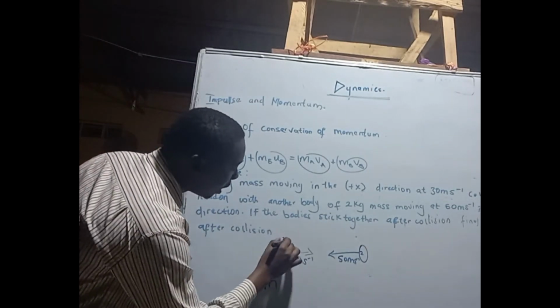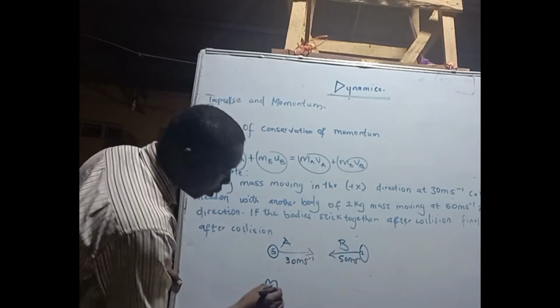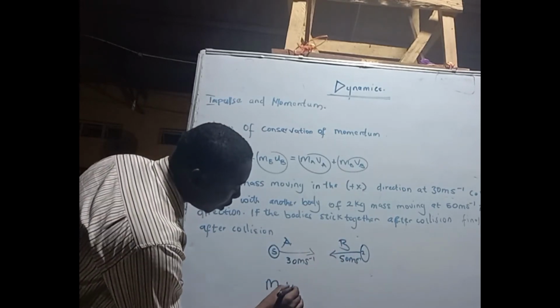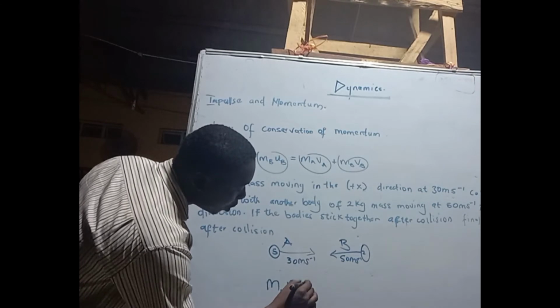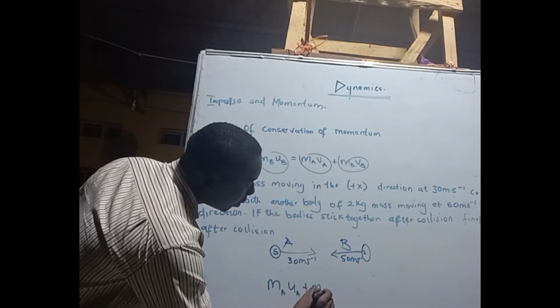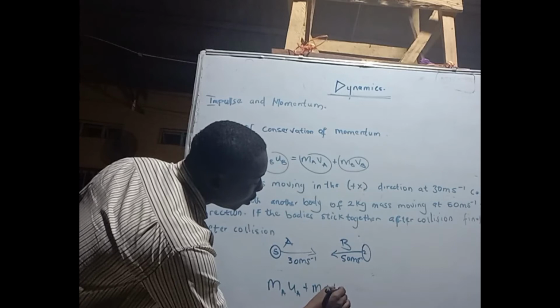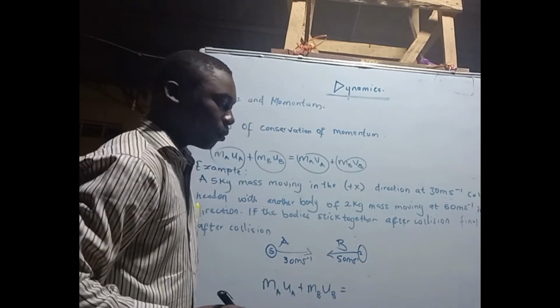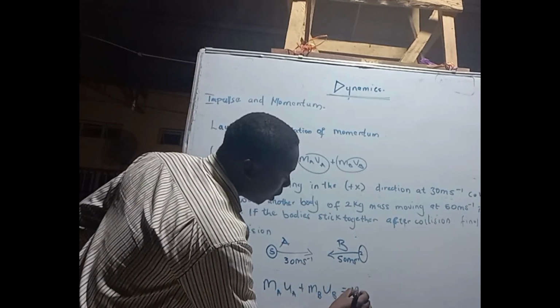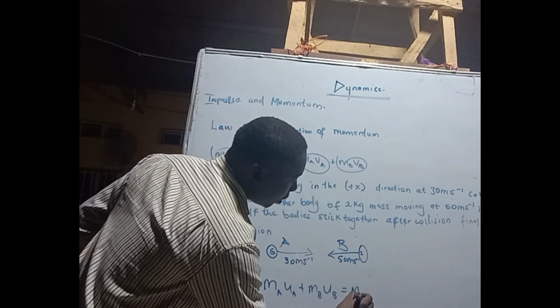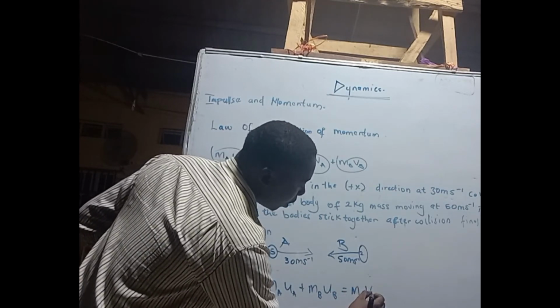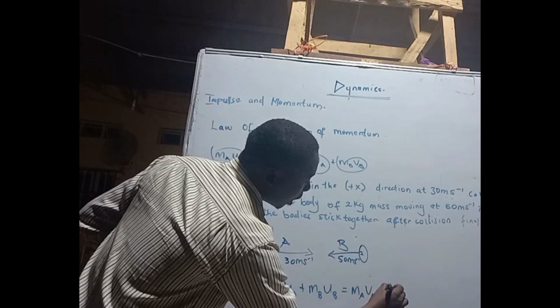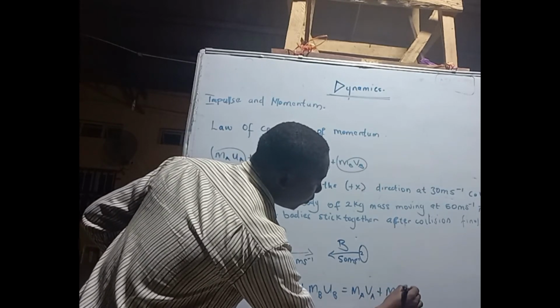Let's call this A, let's call this B. So mA uA plus mB uB is equal to mA vA plus mB vB.